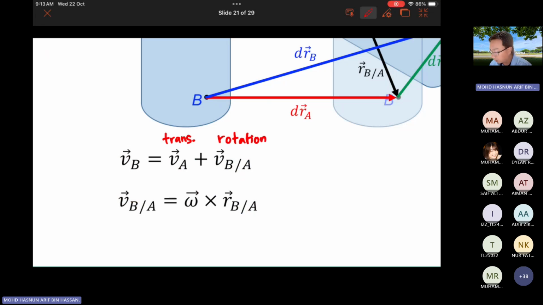And for rotation, we know the equation from before that v is equal to omega cross product r. This is what we have learned before, vector. So we can transform vB/A into omega cross product r, because vB/A is the rotation component.